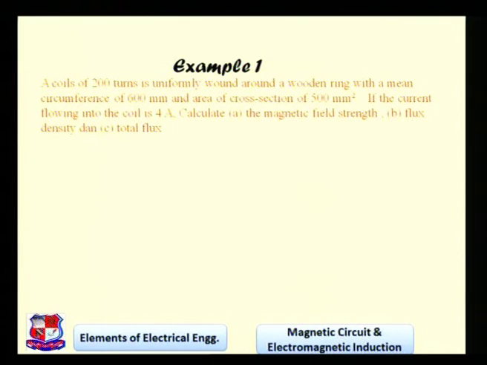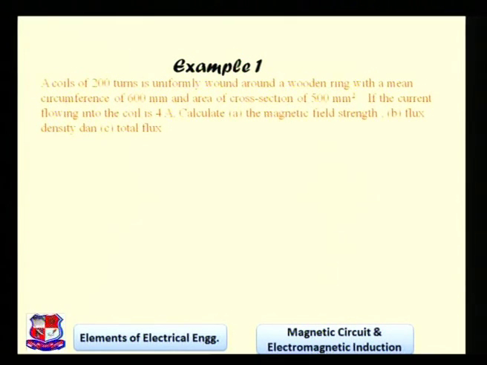Now based on the equations we derived, we will solve an example. Here a beautiful example is given in which a coil of 200 turns is uniformly wound around a wooden ring with a mean circumference of 600 mm and area of cross section of 500 mm square.